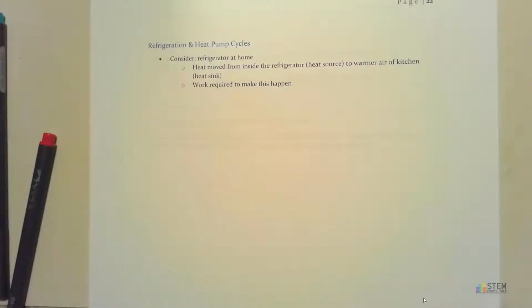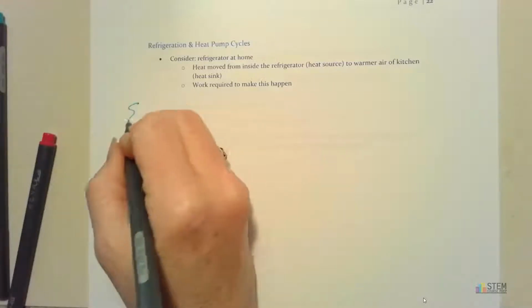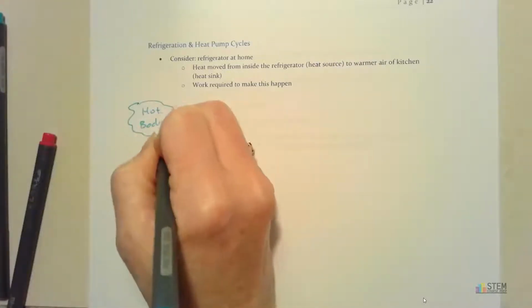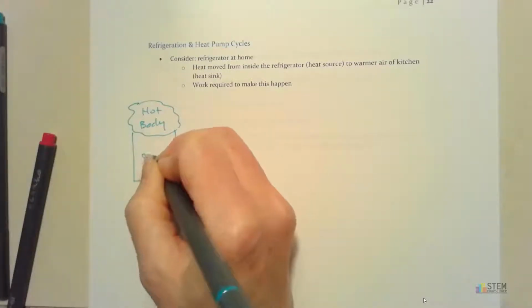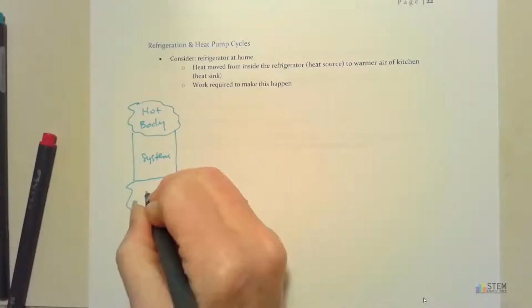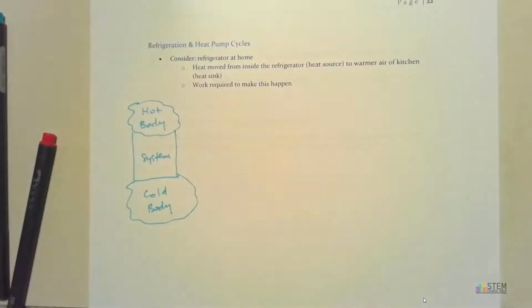Now, let's draw a picture here for this. Let's put it over here. So here is our hot body. Let's put a little box for the system. And then here is the cold body. Okay, so now we've got that.